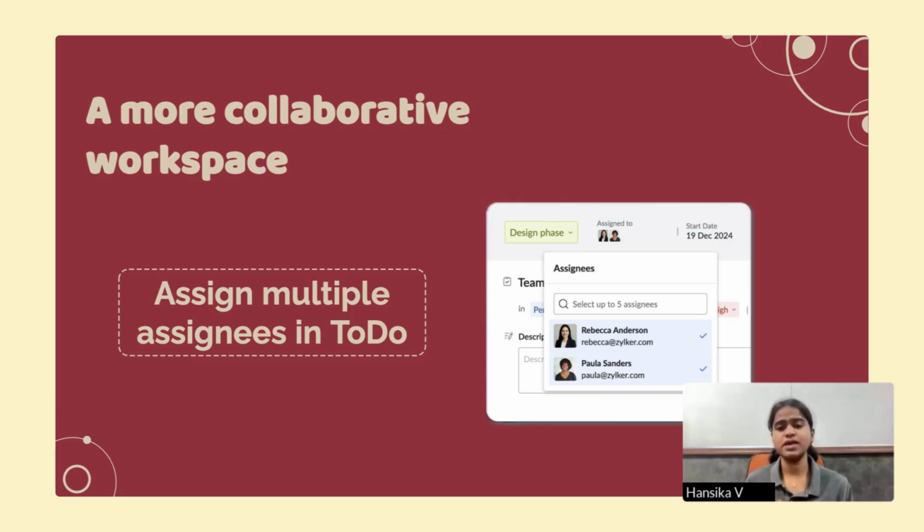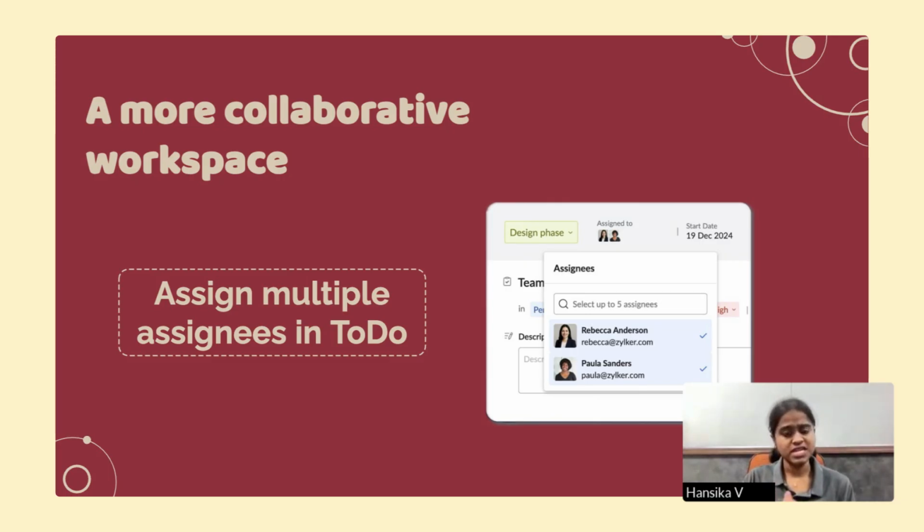So whether it's a shared follow-up or a joint action where many people have to work on it, To-Do now keeps teamwork visible and organized. With the help of this update, your inbox has become more than a place to track tasks. It has also become a space in which you will be able to move forward together.